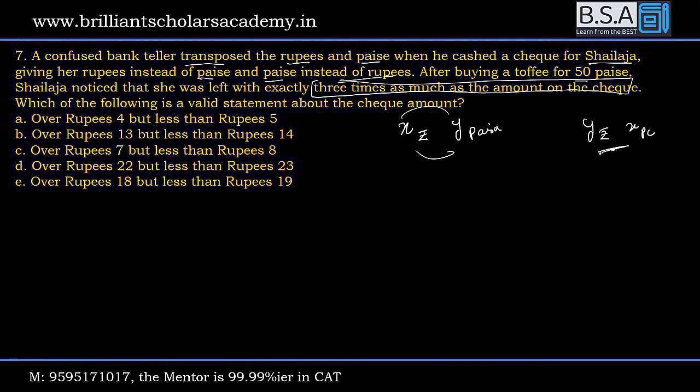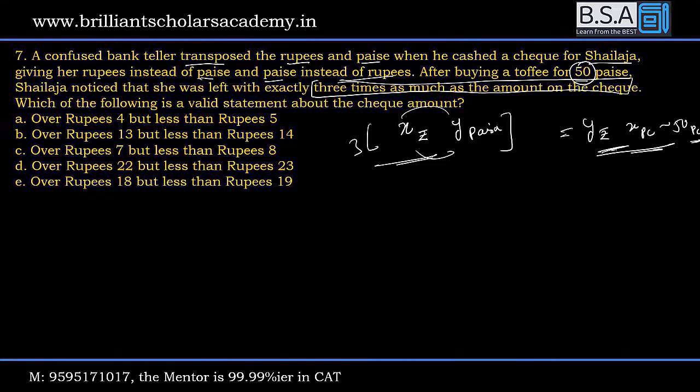Now she takes the money without thinking. From this money, she spends 50 paisa. Now she realizes the money she has right now is triple of the money on the check. The money she has in her pocket is 3 times as much amount on the check.